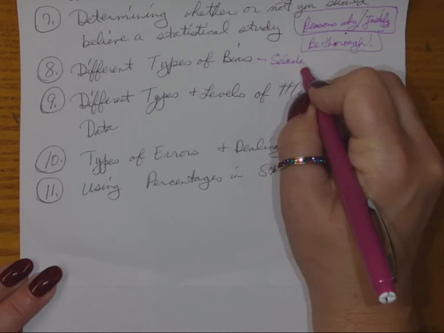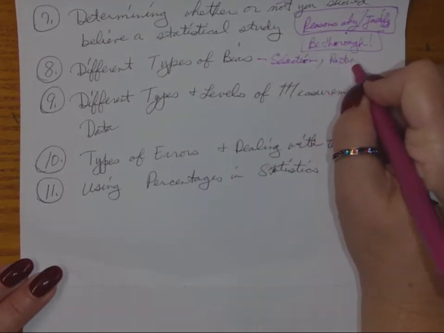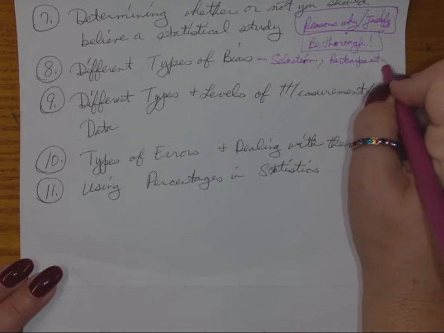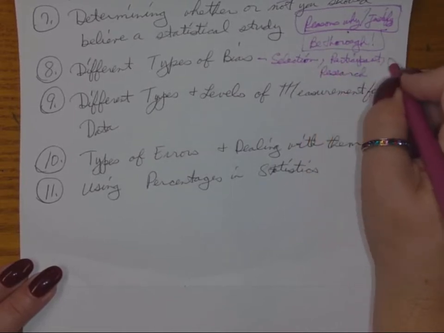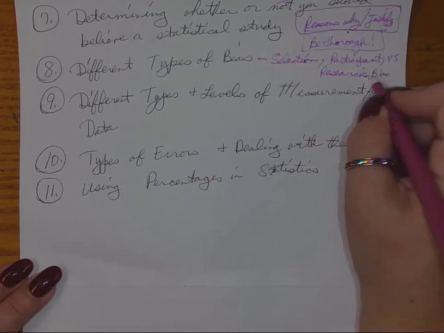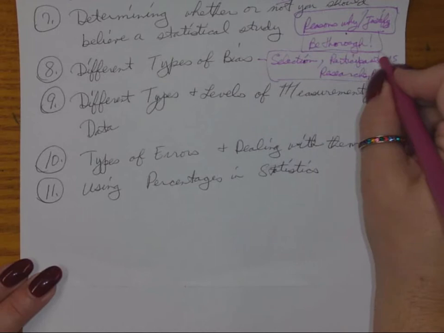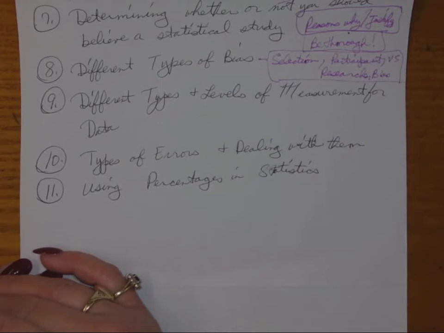So again, know the difference between selection, participant, and researcher bias. Be sure that you can tell me the difference of those. And more so, this test is a lot of scenarios.